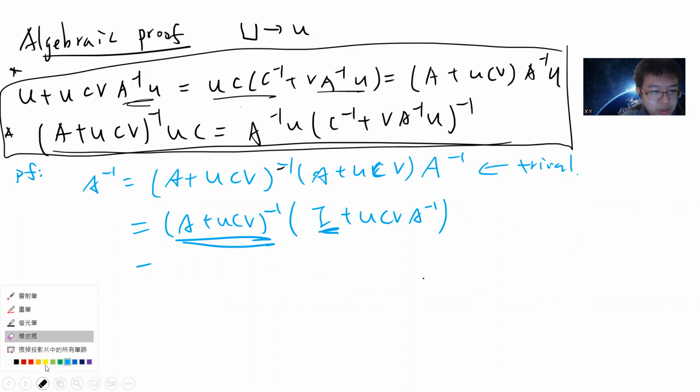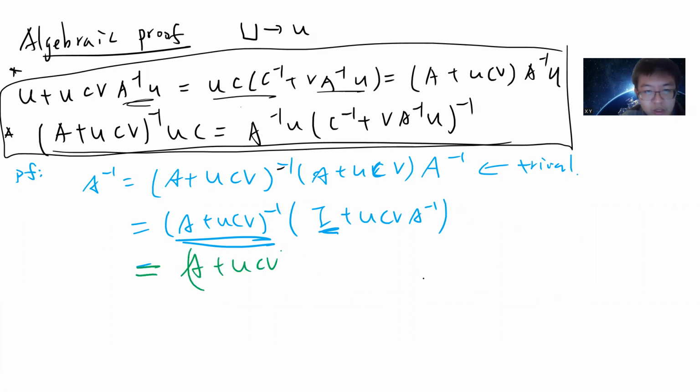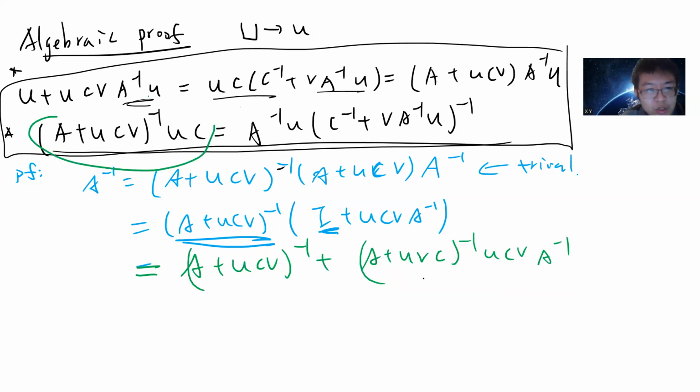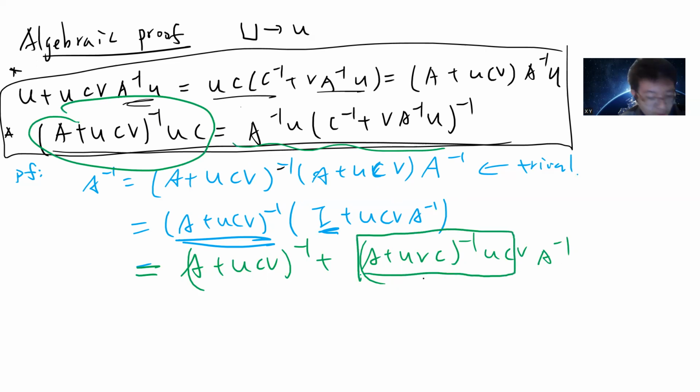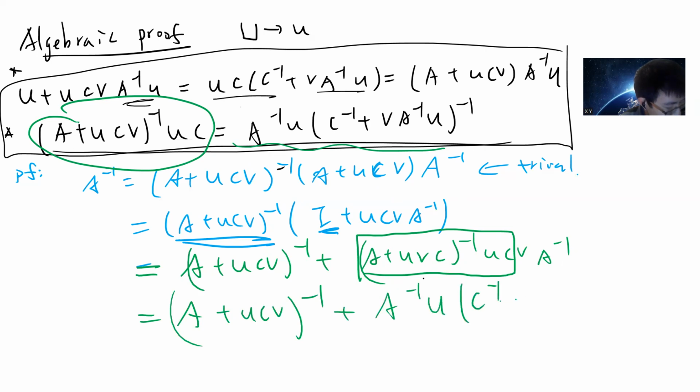Now let's write this as A plus UCV inverse plus A plus UCV inverse UCV A inverse. Now we use this identity, so we get A plus UCV inverse plus A inverse U C inverse plus VA inverse U inverse VA inverse.